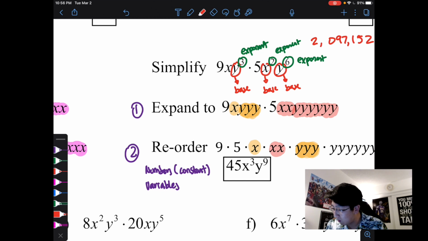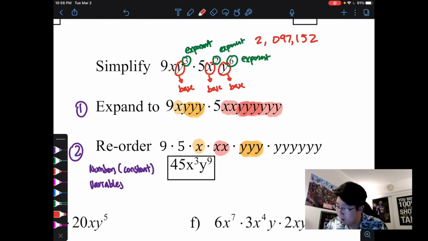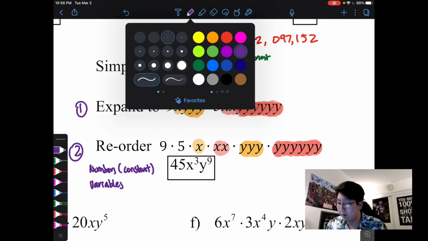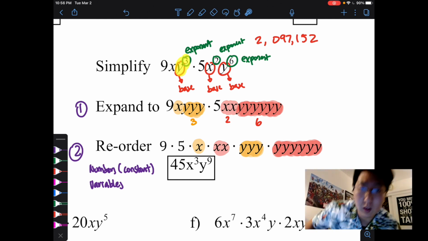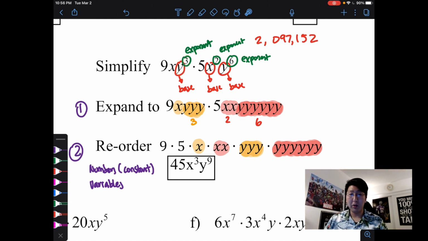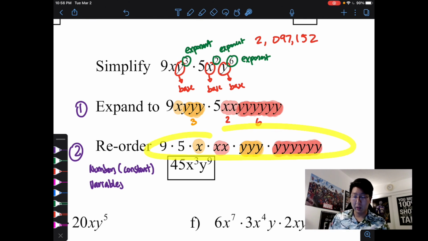And y times y times y times y times y. Okay. Hopefully you notice that there's 3 y's here, 2, 6, and there's 3 y's here, 2 x's, 6 y's. That's expanding. Okay. Y to the third power means y times y times y, repeated multiplication.